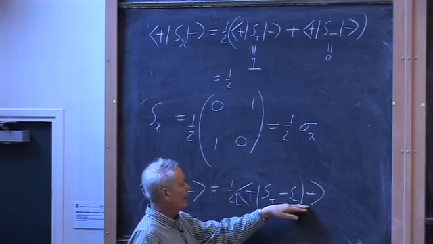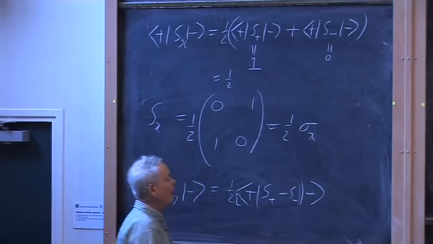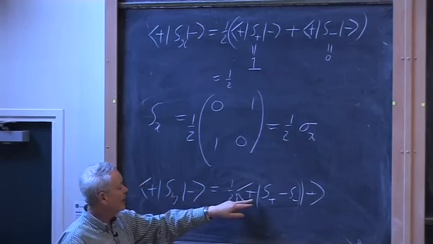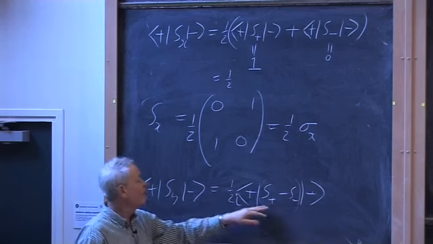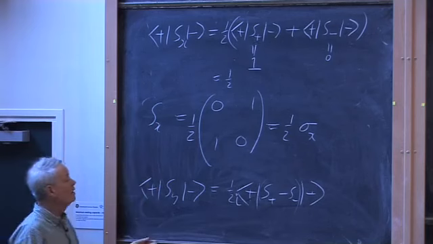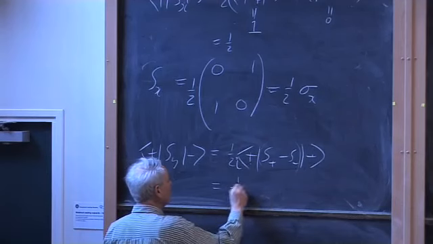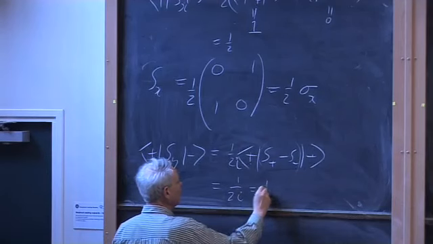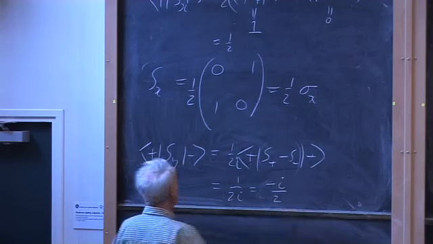So we have this, and what do we get? This S plus raises minus to plus. So plus S plus minus again equals 1. So therefore, this is equal to 1 over 2i, also known as minus i over 2.